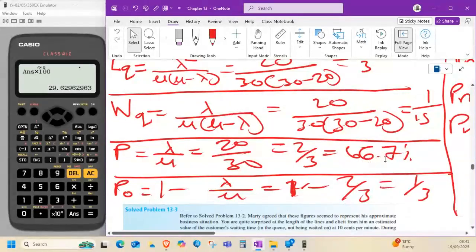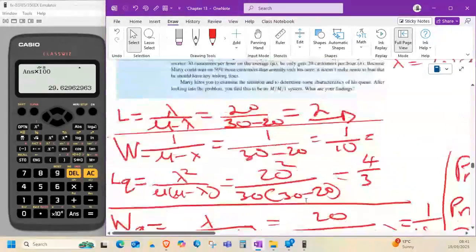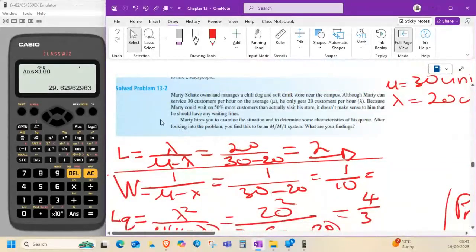So we have a probability of 66% that we will be servicing these customers. So you do not look at the effect of the other statements that you've written. Basically, you stick to the question. So far, all the questions have never been affected by any additional information that was written there.